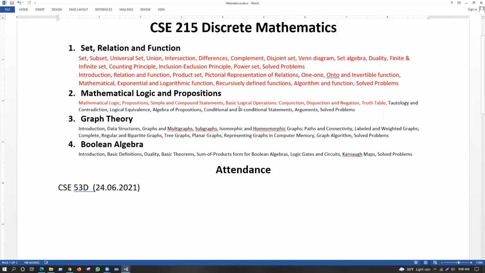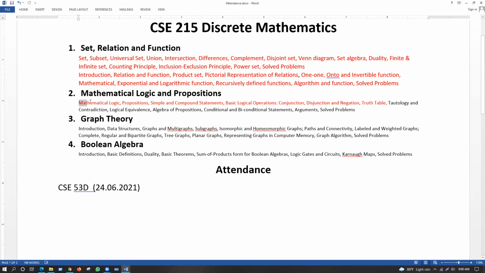Let's start our class. So we are discussing the course Discrete Mathematics, and we were talking about mathematical logic last class, mathematical logic and propositions.